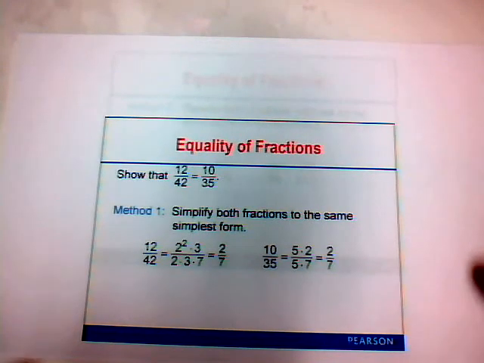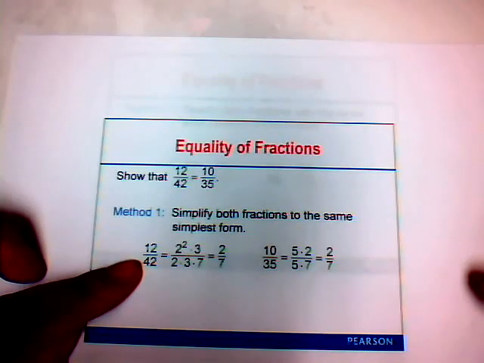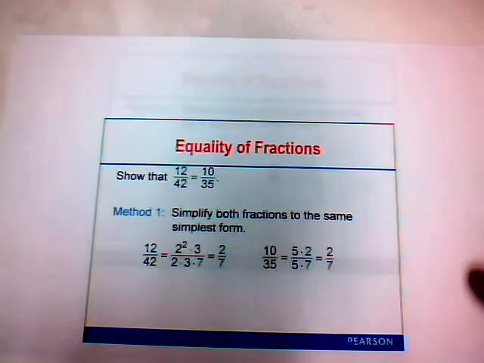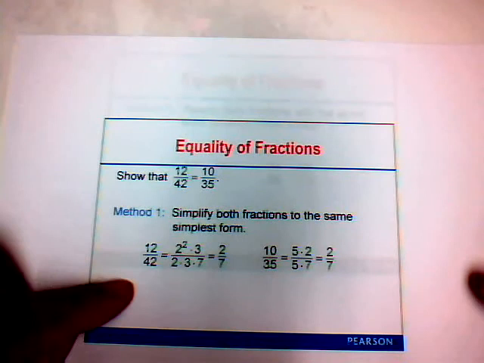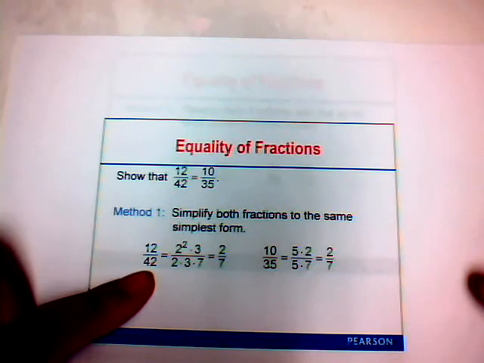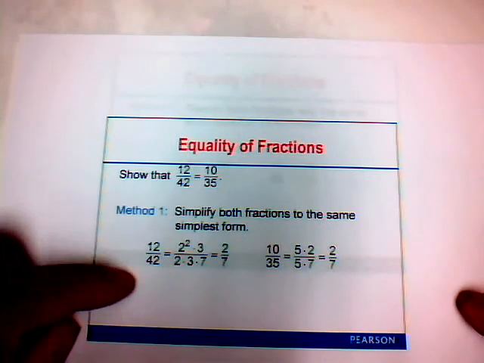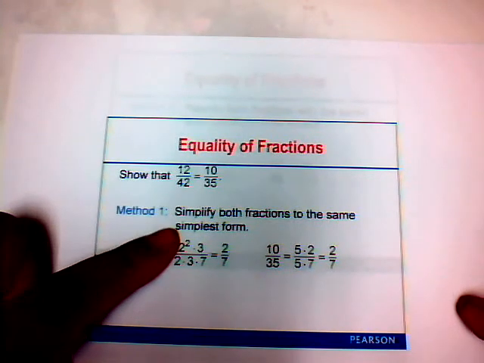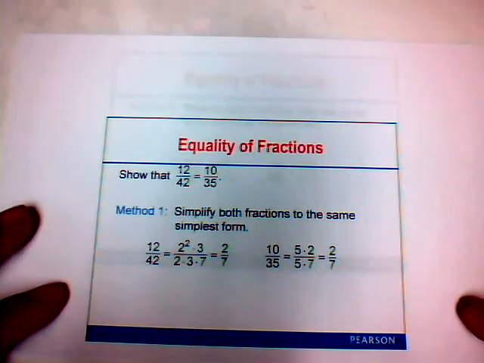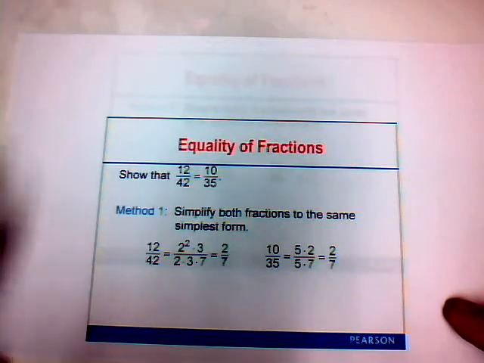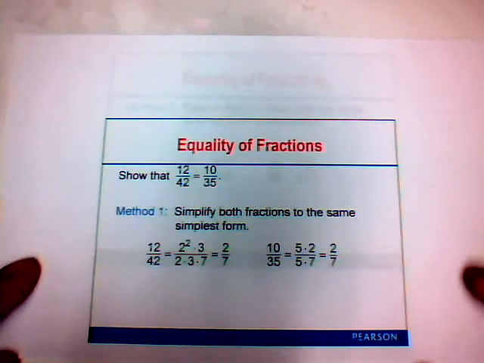You can simplify both fractions to the same simplest form. 12 as a product of primes is 2 squared times 3. 42 as a product of primes is 2 times 3 times 7. Divide out the 2 and the 3, and you're left with 2 in the numerator and 7 in the denominator. So 2 over 7 is the equivalent fraction for 12 over 42 in simplest form.